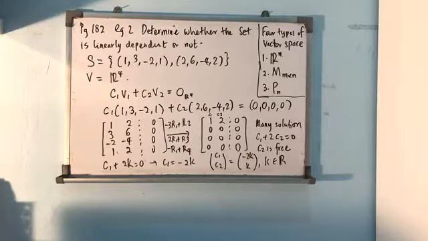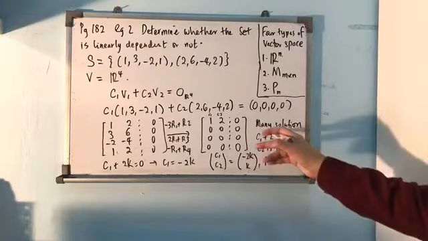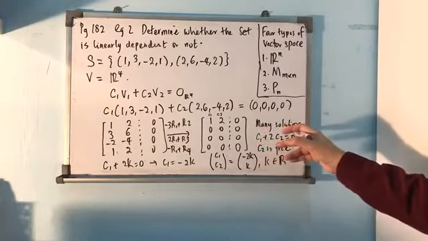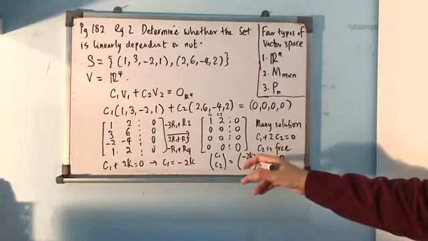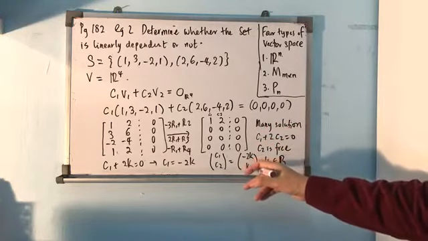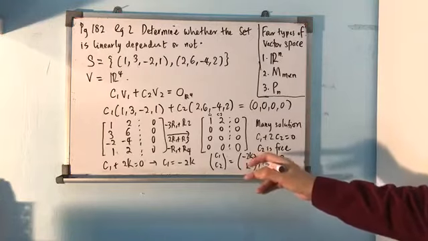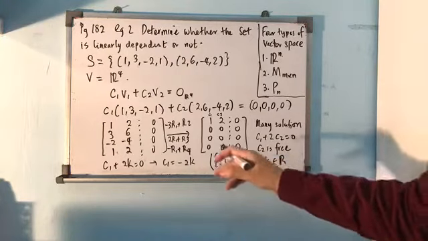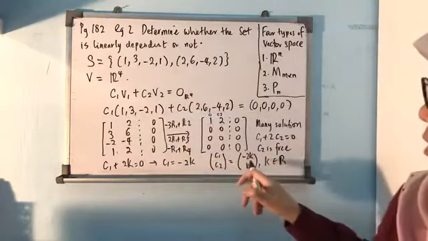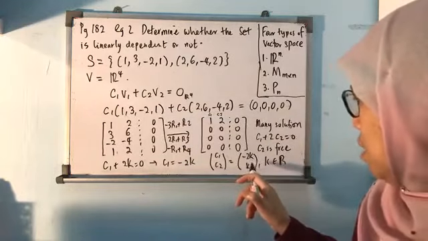Okay, so this means it's many solution. This means not all Ci is 0 because you can put, for example, K is 1.